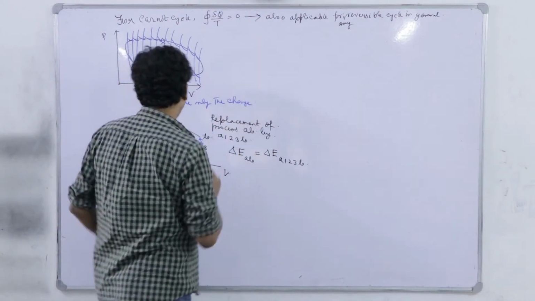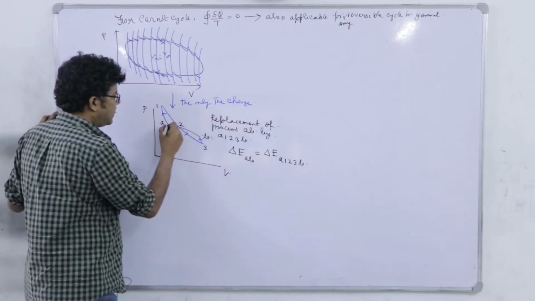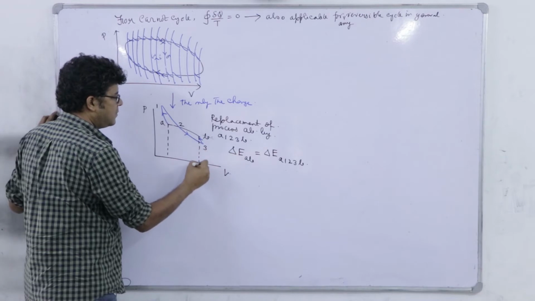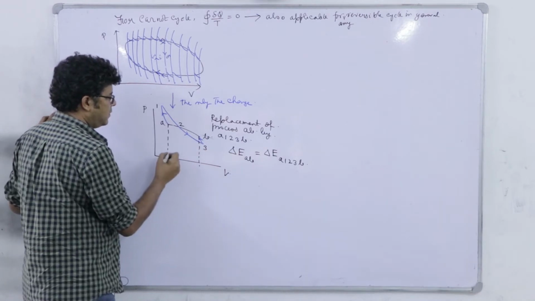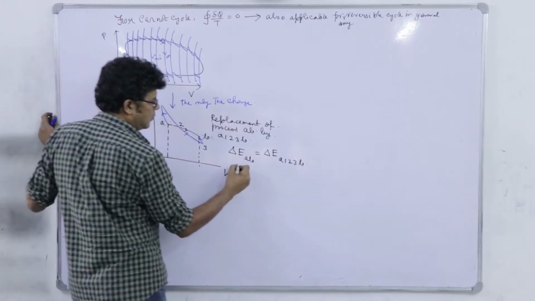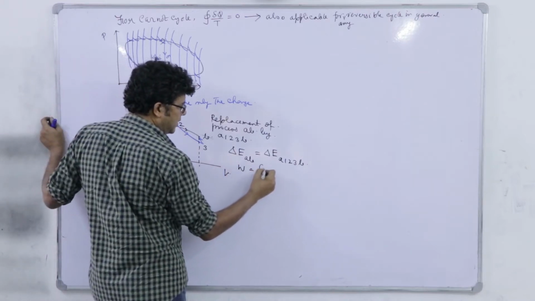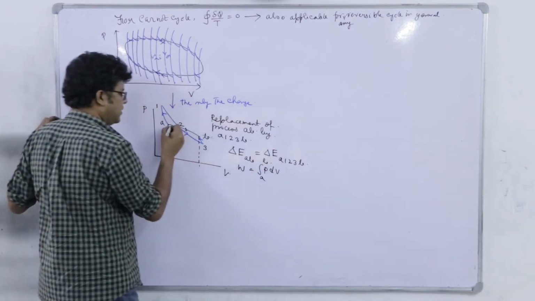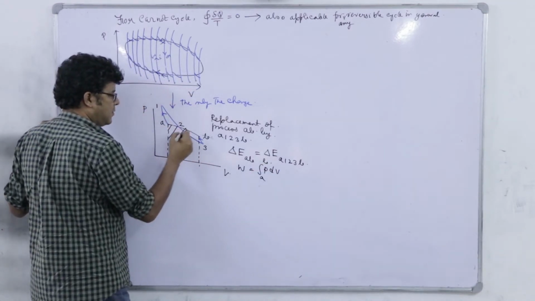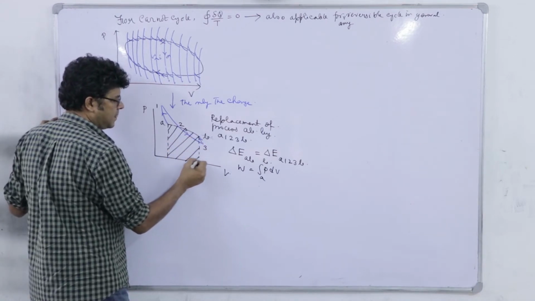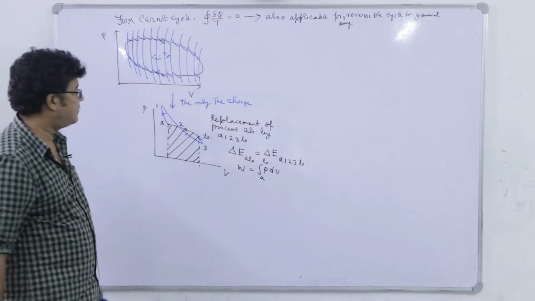So, for that let us see that A to B is this area, right, the work done. So, work done is integral P dV from A to B, so area under the curve. So, it is this hatched region, right, and positive.